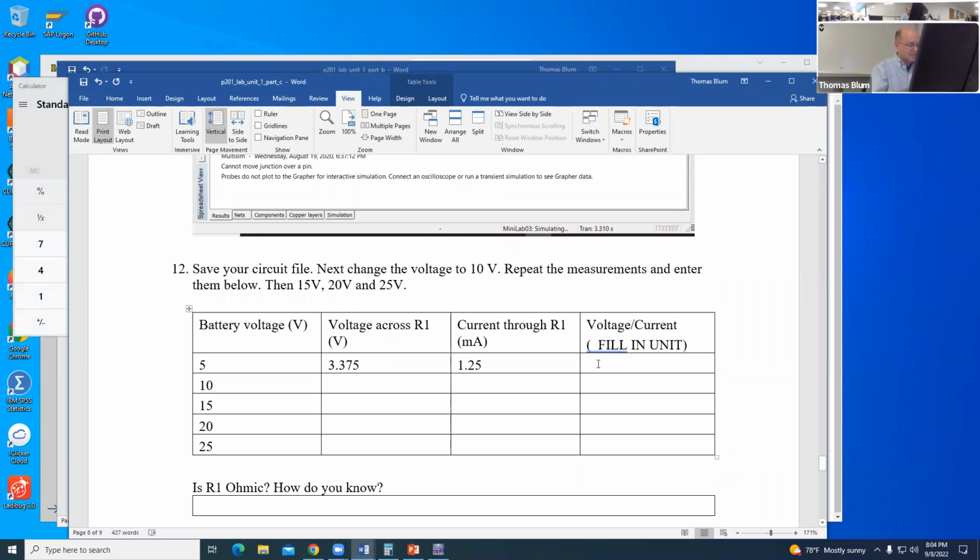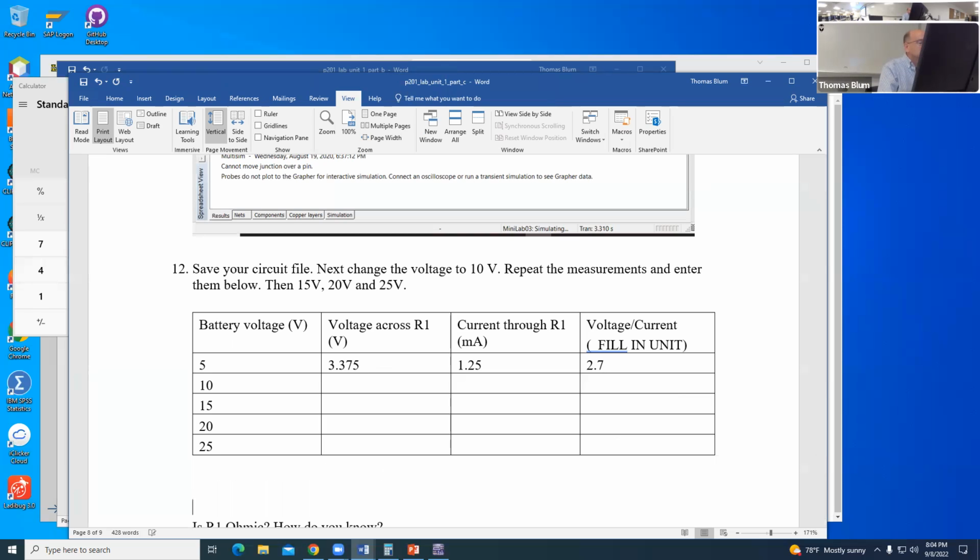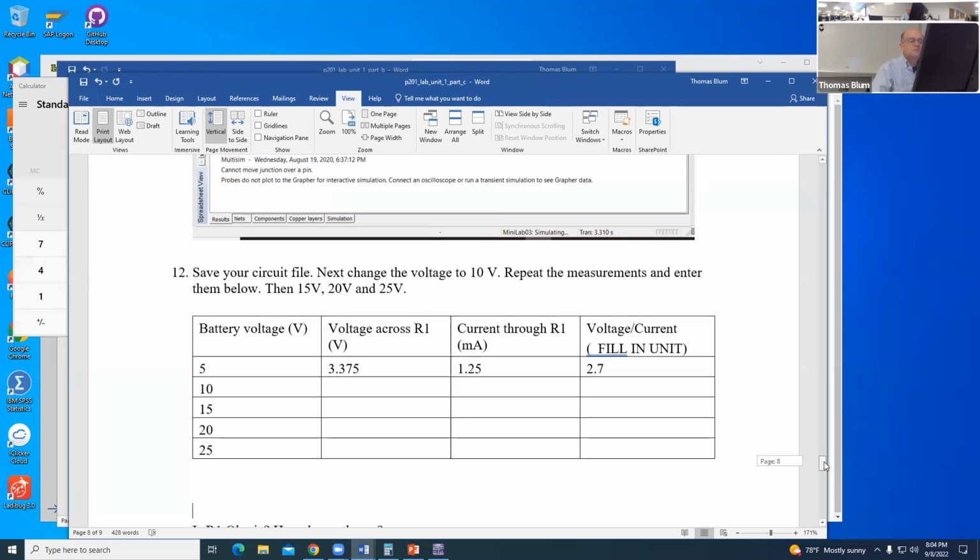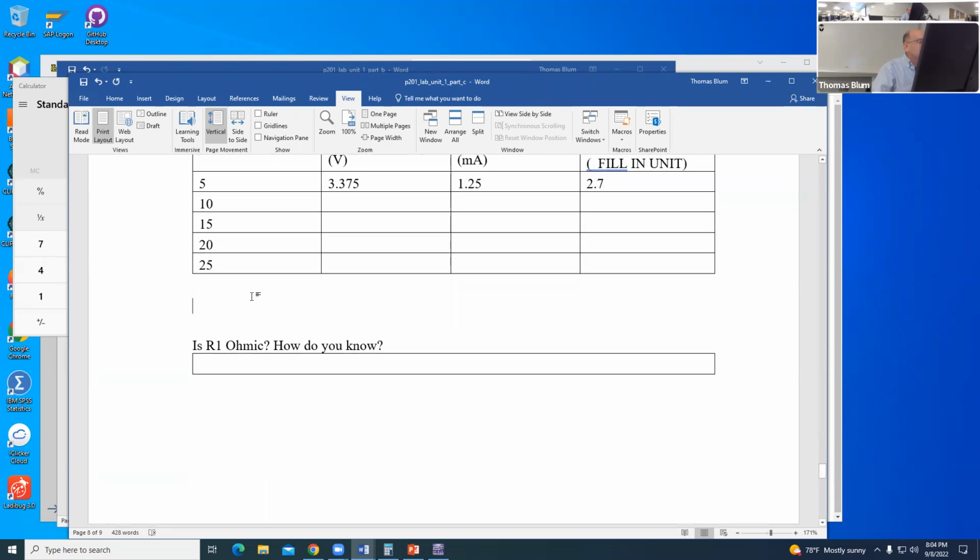And then how do I know if it's voltage or current? So that's the number. Now I have to do the unit. Right now I have a volt divided by a milliamp.